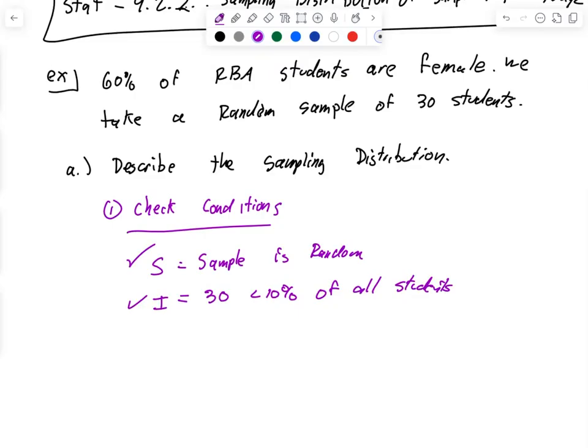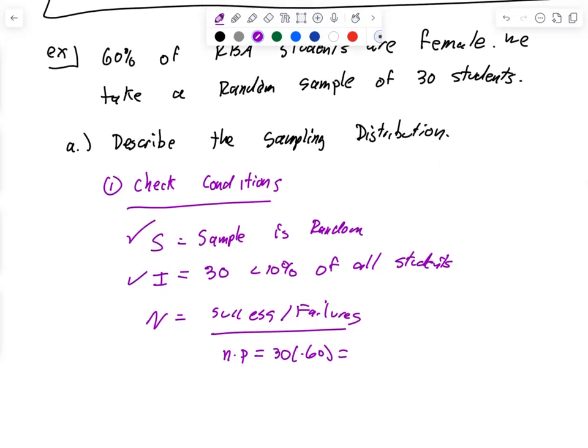We're good? N. Okay, success and failures condition. So N times P is 30 times 0.60, which is what? What's 3 times 6? 18. Is that at least 10? So that's at least 10.